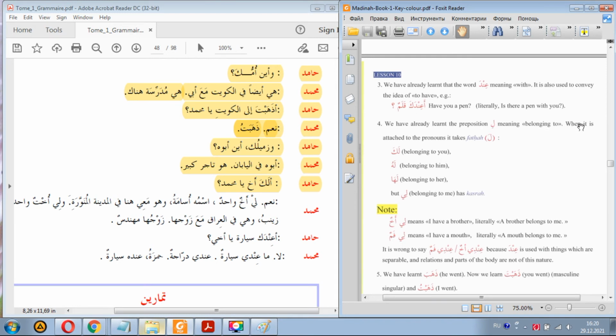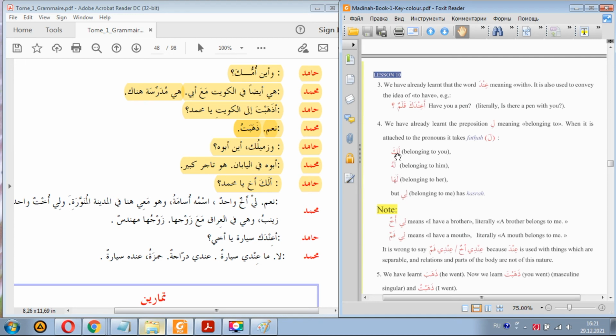When it's attached to the pronouns, it takes fatha. So it's not elaka, it's laka, because it's attached to the pronouns. And laka means belonging to you. Lahu, belonging to him. Laha, belonging to her. Li, belonging to me.